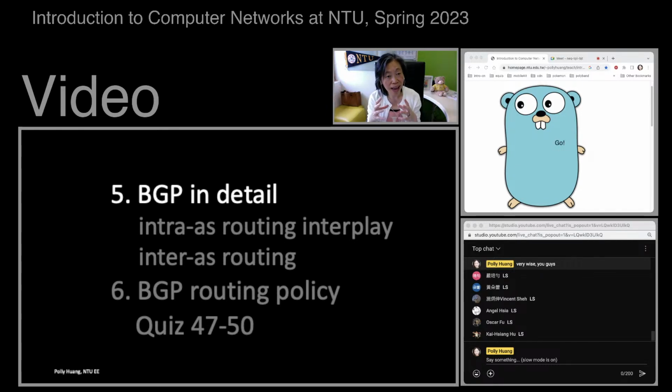That role, the interplay with inter-AS routing, is the responsibility of BGP. So a part of BGP routing is to define how BGP interplays with OSPF. And this is exactly what the next video is about. It's very short, 2.5 minutes.